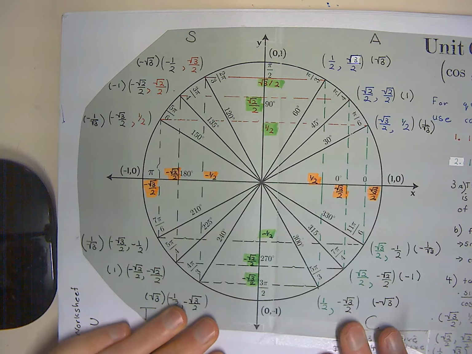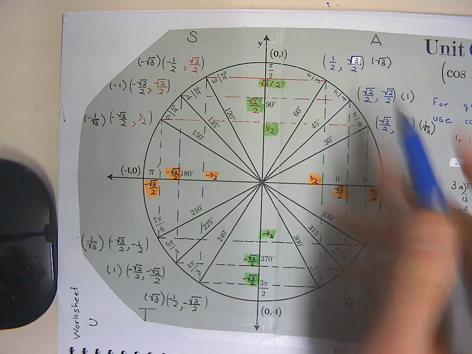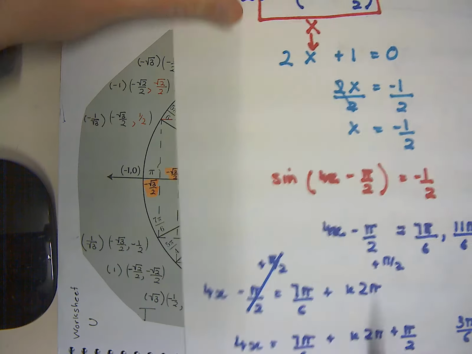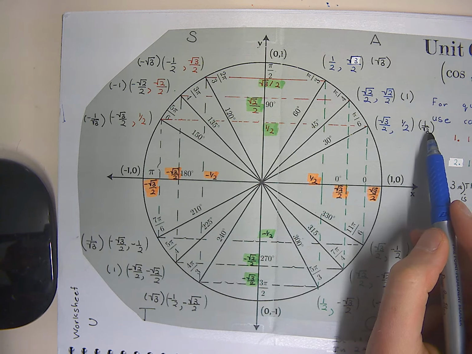Now also be aware that if you get an equation with tan in it, it's exactly the same process. So if we had, I don't know, if we got it down to tan of 4x take pi on 2 equals 1 on root 3, we'd look for 1 on root 3 in the tan section.